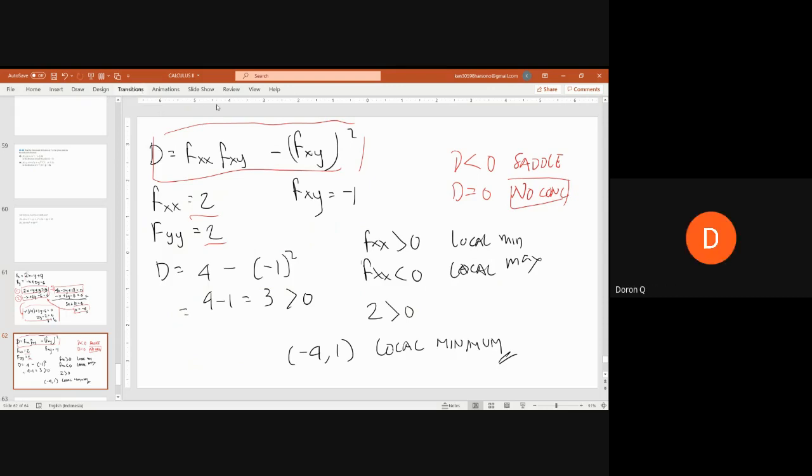Is that the local minimum or no? This one is for checking these points. For this case, there is no x or y here. But for the next question, I think you have x and y, so you have to put these points back into fxx and fyy. This one is only for checking this point, if it's a local minimum, maximum, or saddle point. Oh, I see. Okay, I got it.